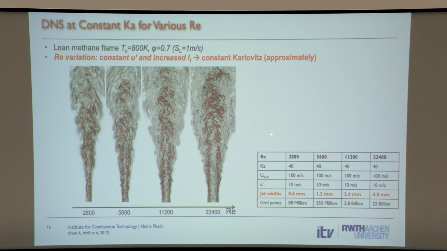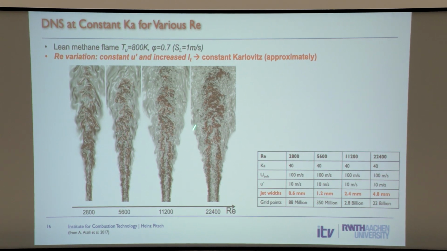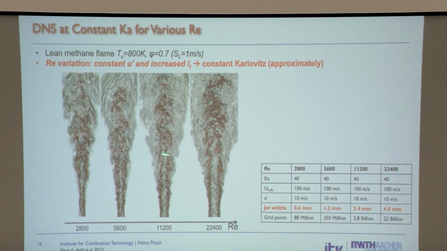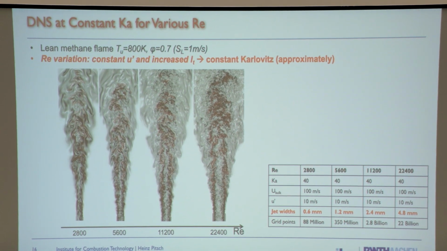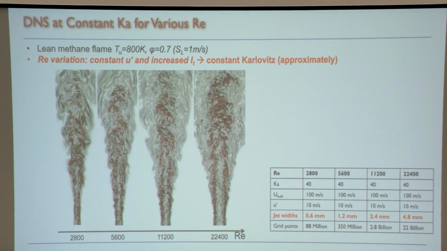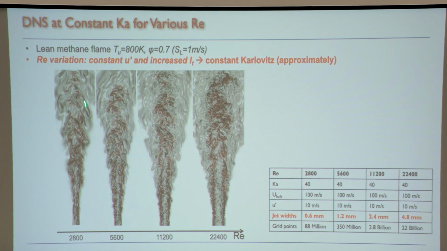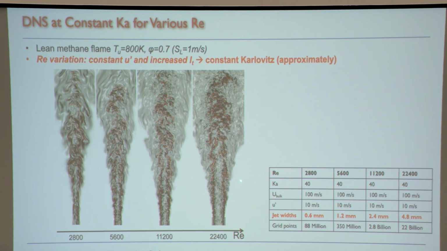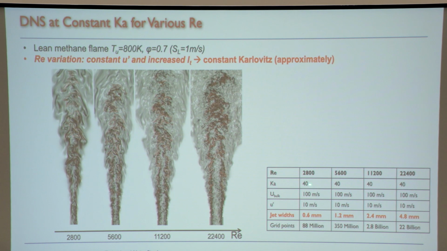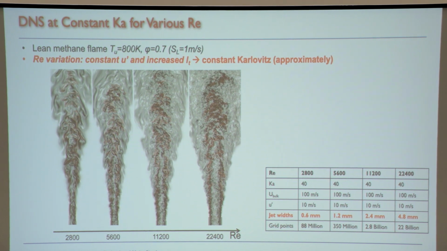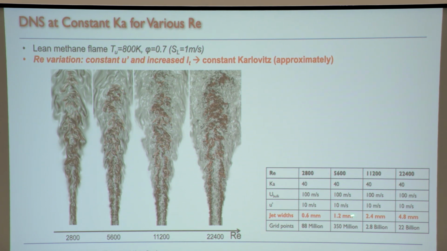This shows a simulation here of 4 different methane air premixed flames that was done by Antonio Attili together with Fabrizio Bisetti, when they were together at KAUST. It shows 4 different cases, and it's an interesting data set because they put it together so that the Karlovitz number is the same for all of these, and the Reynolds number changes from small to large.